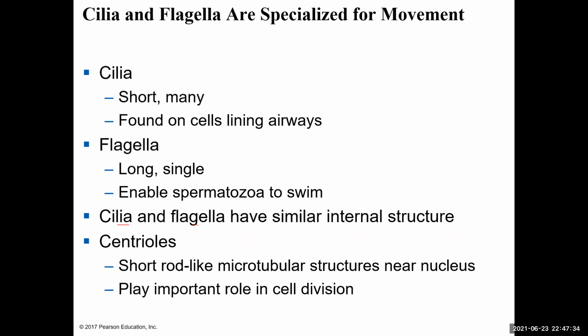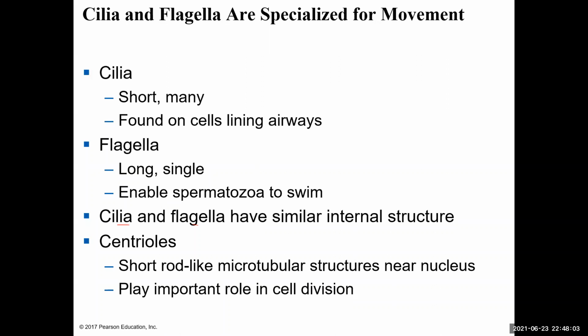Now, the last one, centrioles, are rod-like microtubule structures that are important for cell division. The centrioles reach out, grow, and attach to the duplicated chromosomes in a cell, and they pull those duplicated chromosomes apart, allowing the DNA to separate into the different daughter cells.